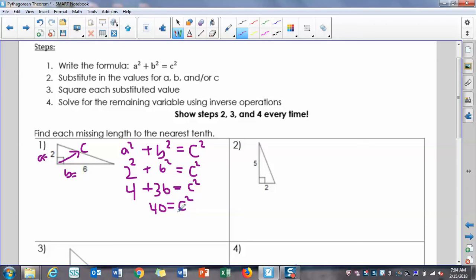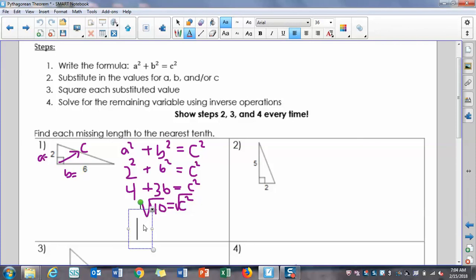So the inverse operation of squaring something would be to take the square root of both sides. So now we want to find the square root of 40. When we do this, we get c is equal to 6.324, and so on.